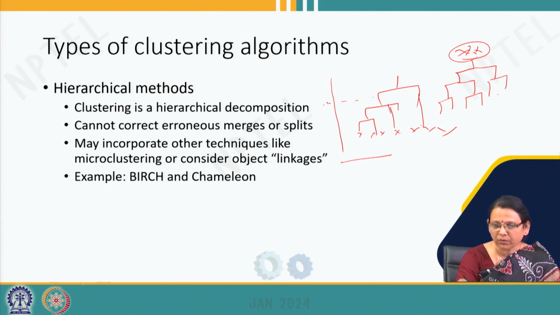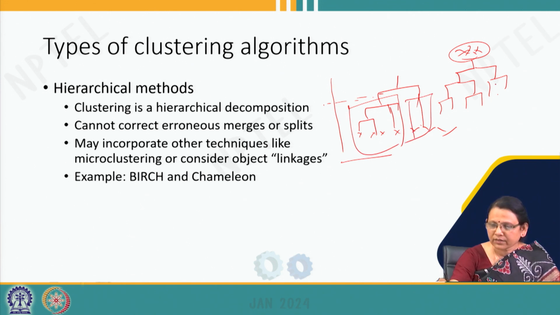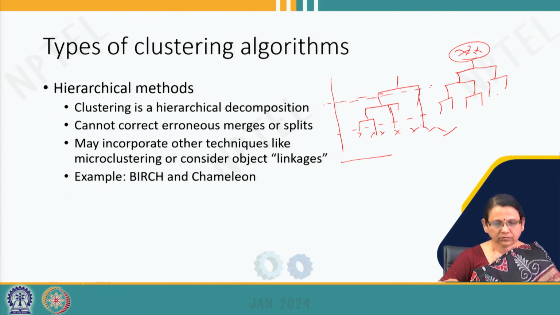Suppose you stop at any point, at this point you will have two clusters, one is this, second is this. Here suppose you stop at some other point. So, at this you will have 3 clusters, at this point you will have 2 clusters, and so on.